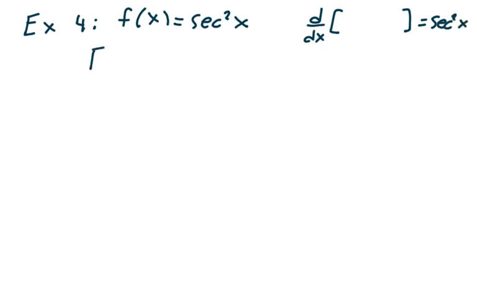And I claim the answer here will be tangent x plus some constant c. And of course, if we insert that into the brackets, it checks out nicely because the derivative of a constant is 0, and the derivative of tangent x is secant squared x.